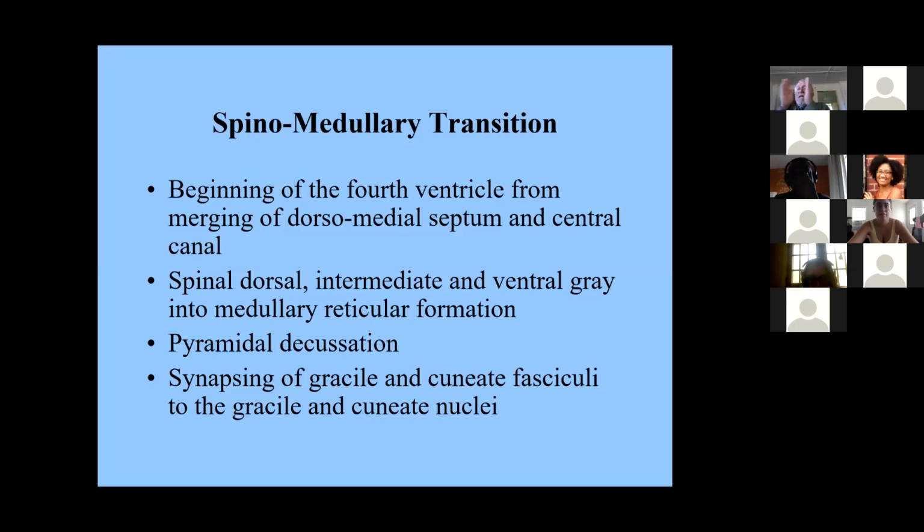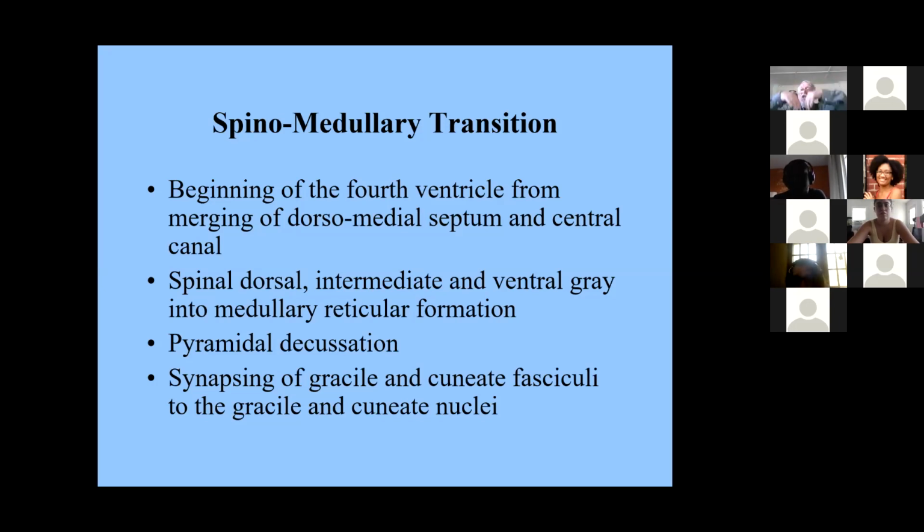The more medial of the cuneate fasciculi are upper thoracic fibers, whereas the vast majority of the cuneate area is what? It is cervical inputs. And what are the types of inputs?